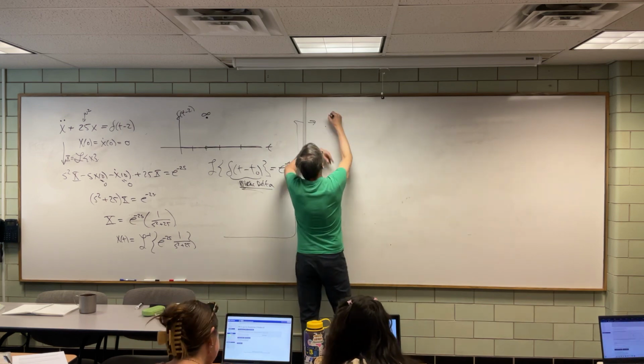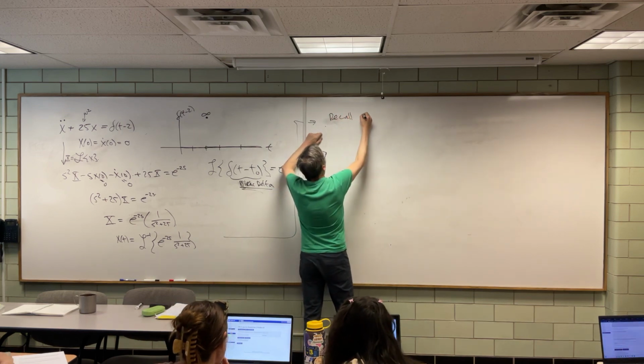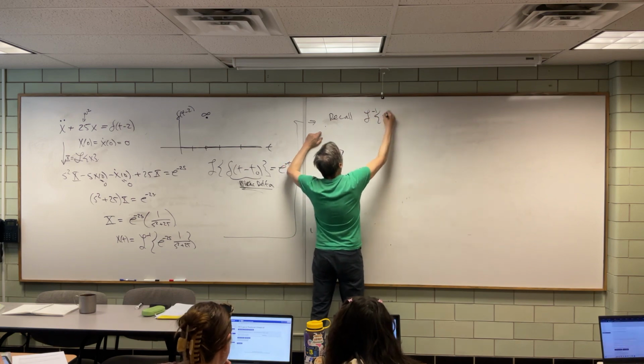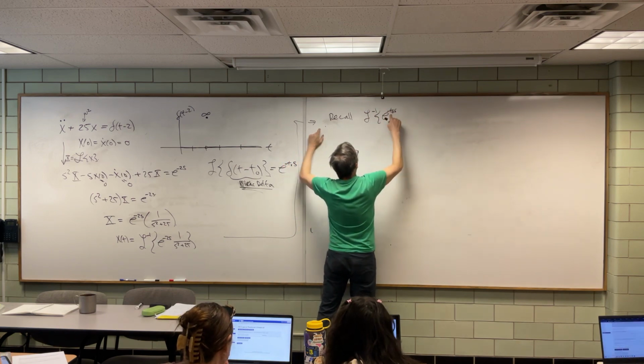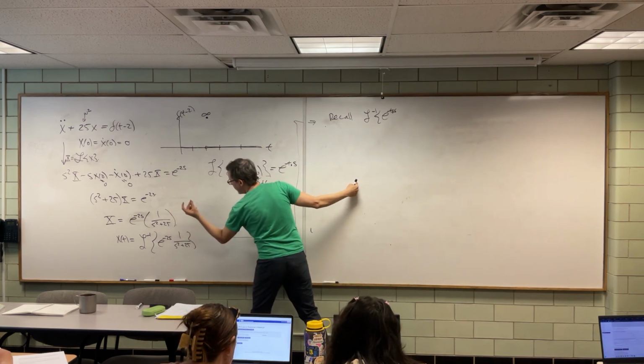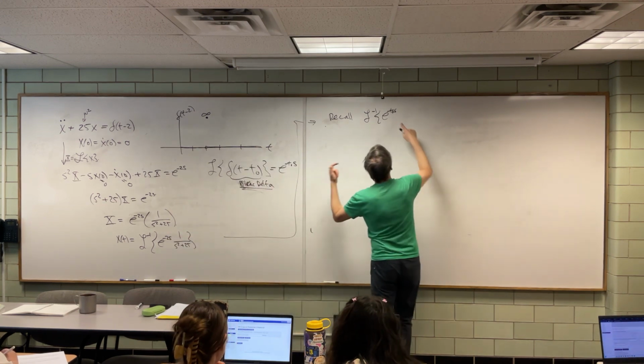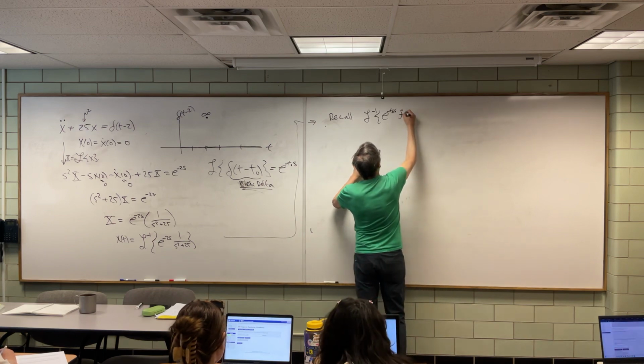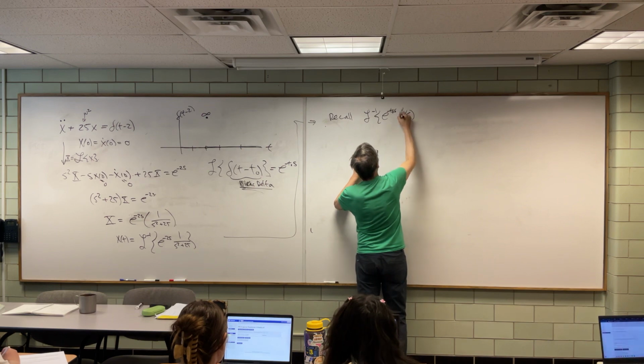Let's write our formula. Recall that L inverse of e to the negative t naught s times F of s. The number in front of the s here tells you what time things changed. I've used cap F, sorry.